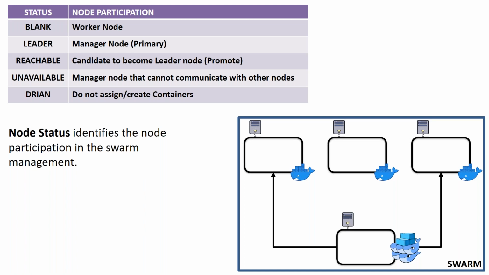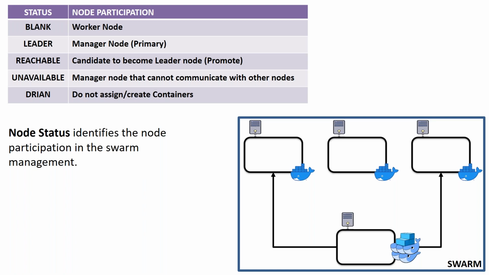Okay, so when you add a machine to a cluster, it will give us the status. Let me show you that a little later, but try to understand it. So when you do a docker node ls, it will give the status.